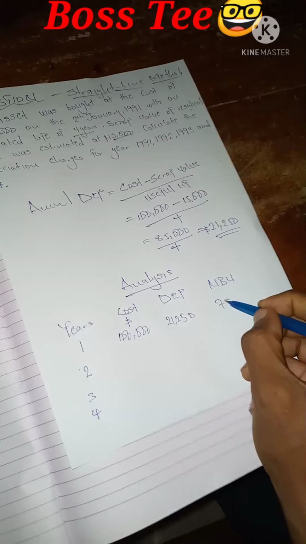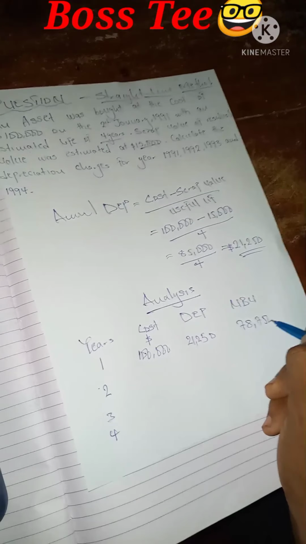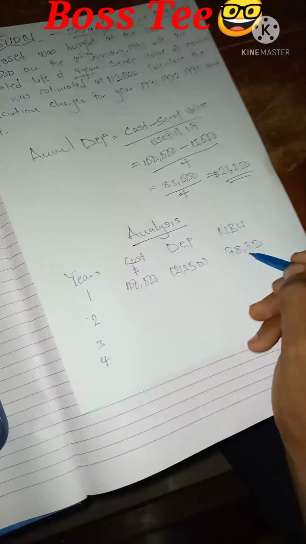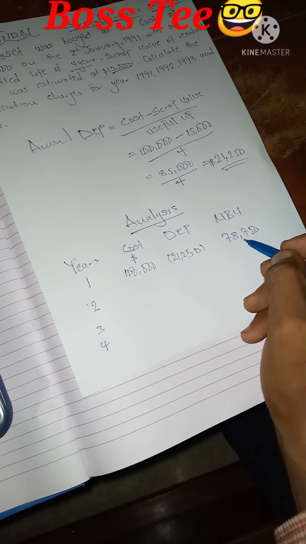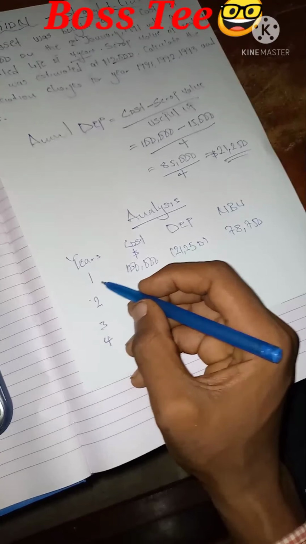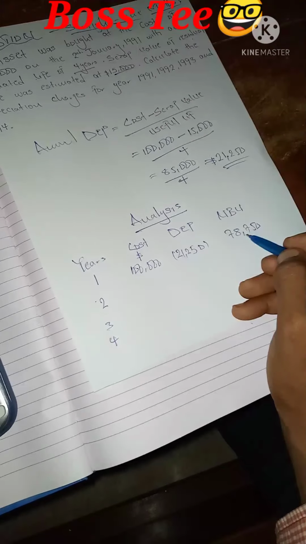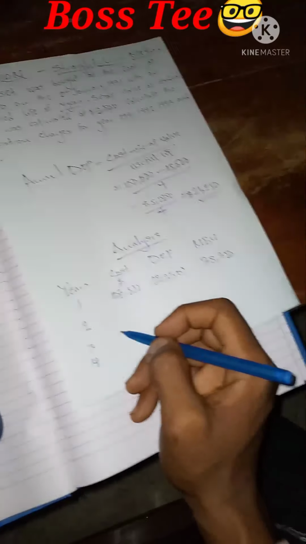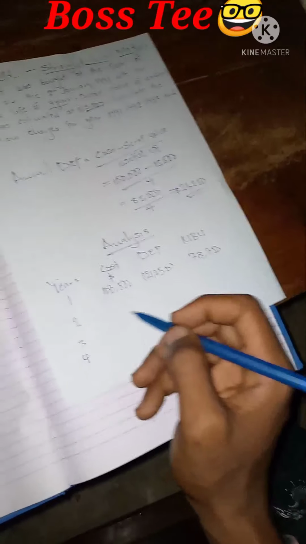We have 78,750. That's the value of the asset after the usage for 1 year. Good. So the value changed from 100,000 to 78,750.